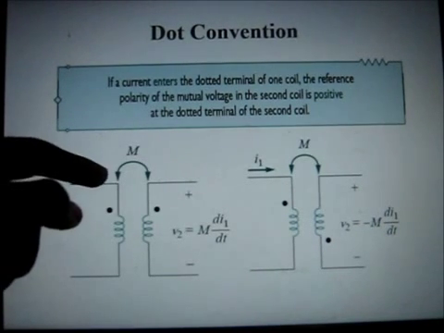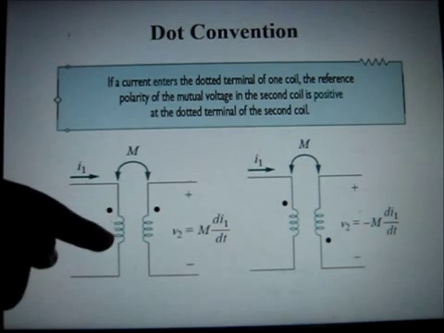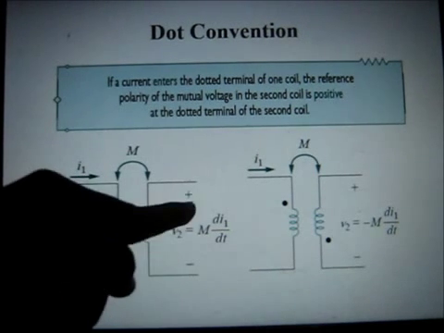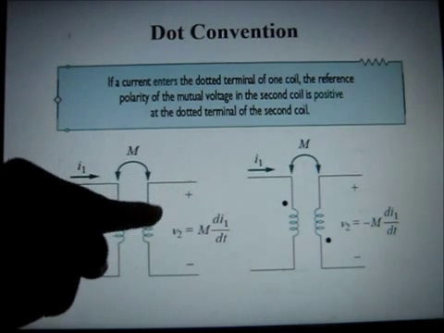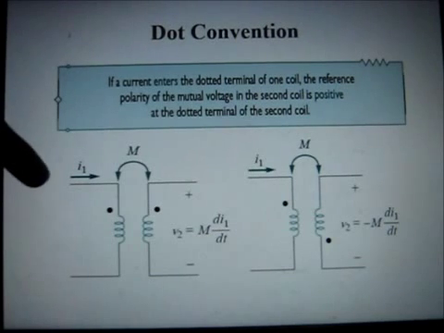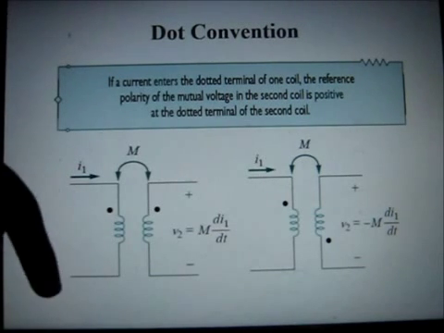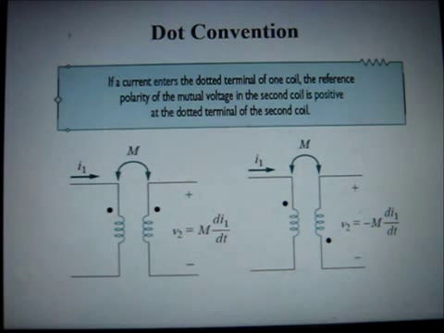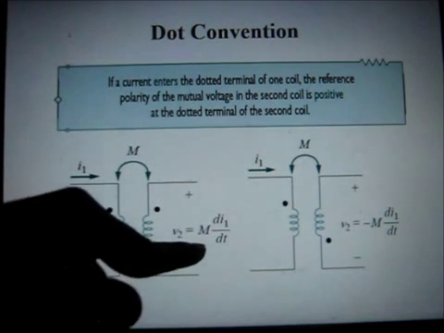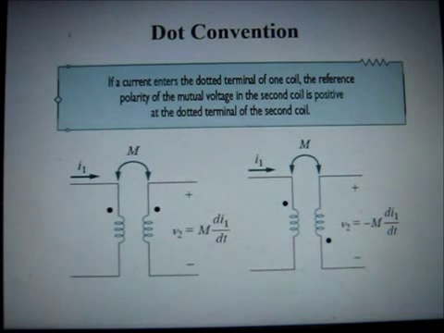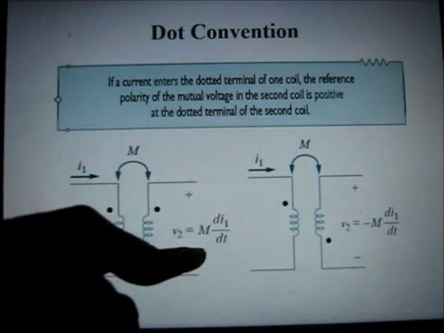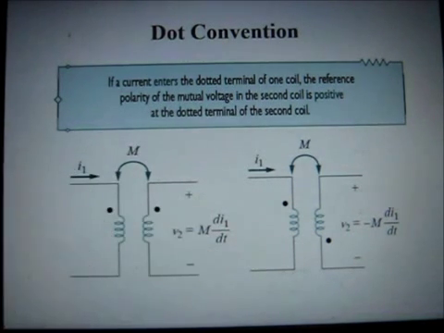This current flows, enters into the dot, and the second part also the current flows and enters into the dot. Now when both of the currents are entering into the dot, in that case they are acting similarly. Hence the voltage will be M di by dt. Means this mutual inductance is positive. Clear?